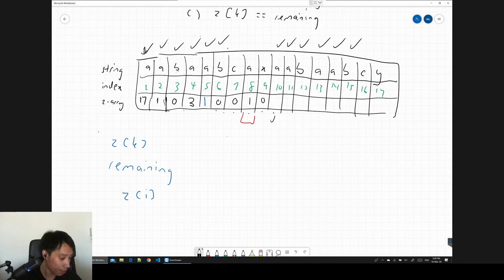A, B, B. C and C is the same. A and Y is not the same. So 1, 2, 3, 4, 5, 6, 7. The number here is going to be 7. And because I have a number here, I'm now going to have a new Z box, which is of length 7. Okay, and my I is going to be here.